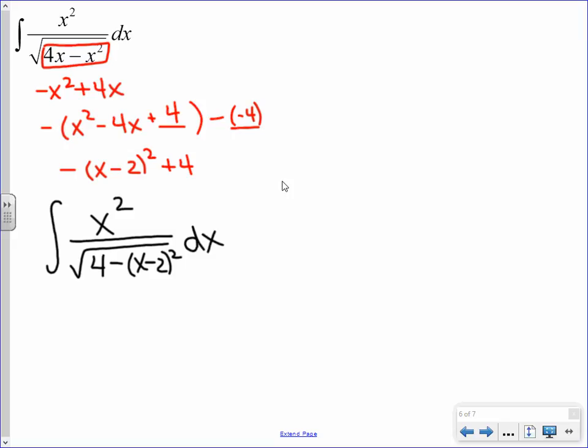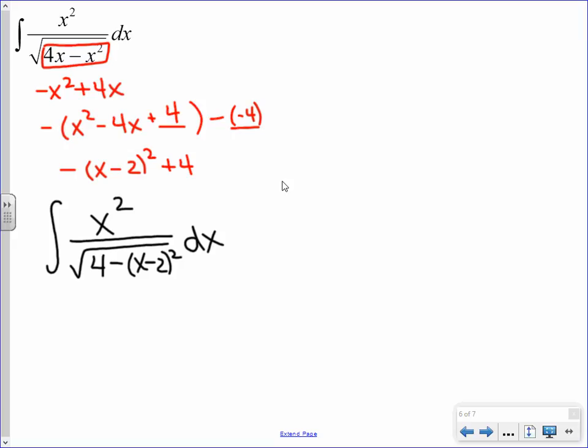We can now write it like this. I see a squared minus u squared. Use a sine, 2 sine theta. Okay.